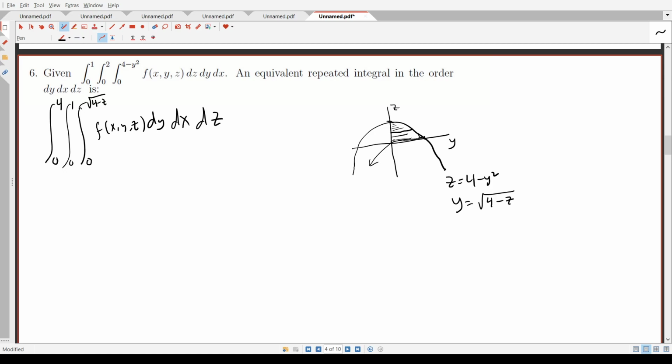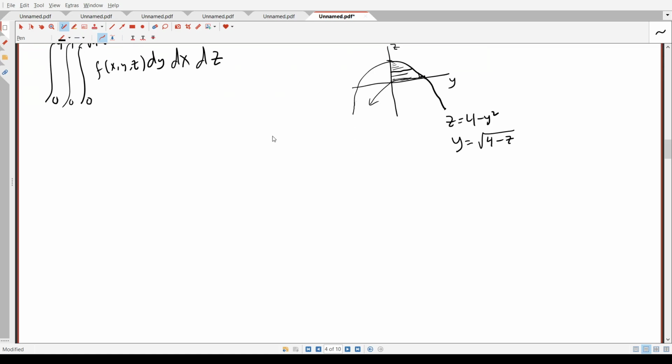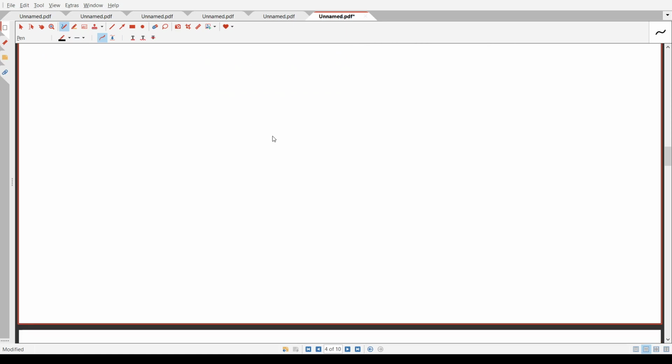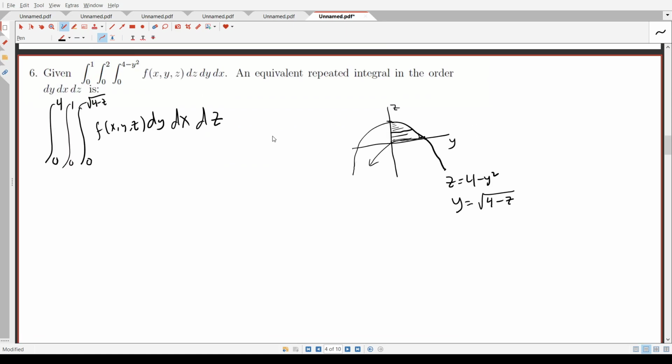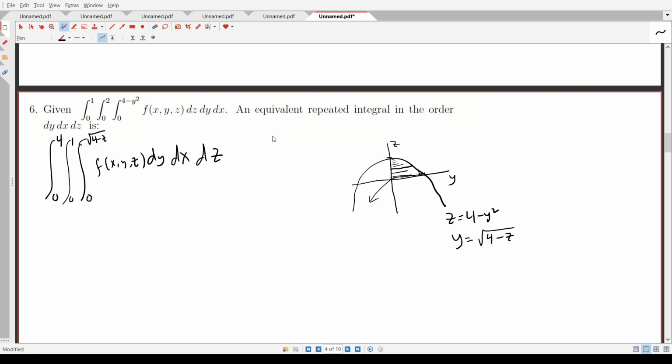Okay. So the next one is cylindrical coordinates. We didn't have to evaluate 6. Well, no, because we don't know what the function is.